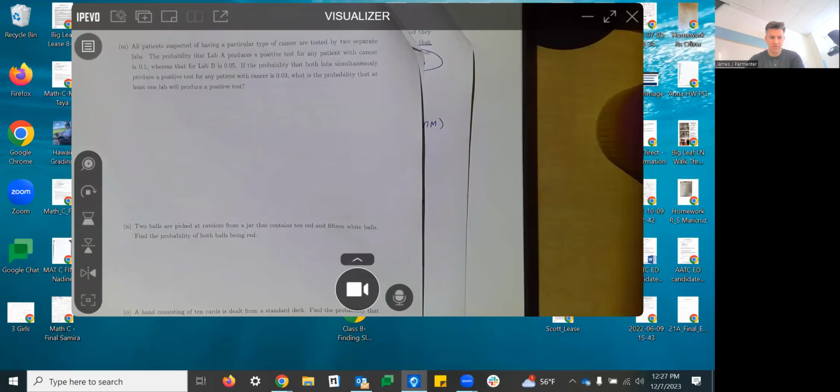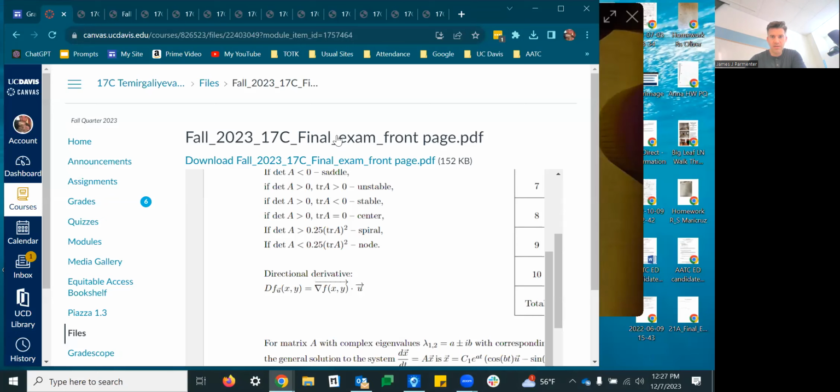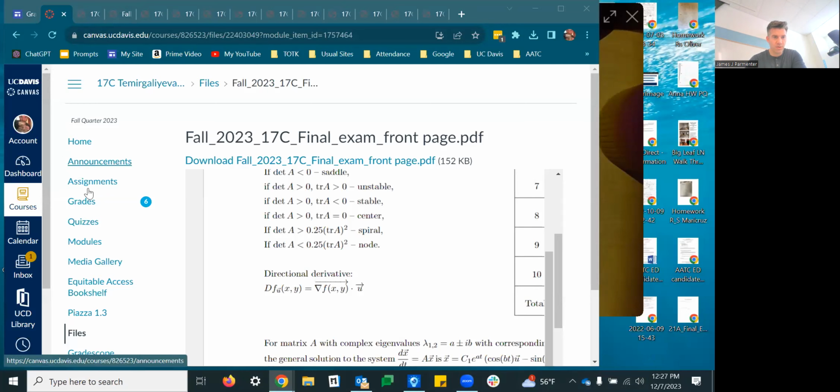Did I miss a page here? Let me take a look. Sorry, it's about cars. I thought I printed all of them out. I guess maybe I didn't. Let me go back to the modules.